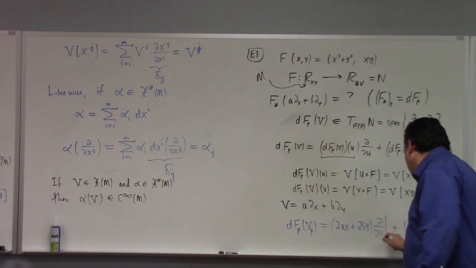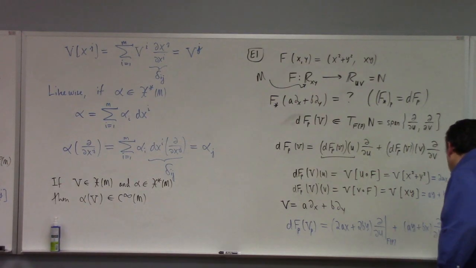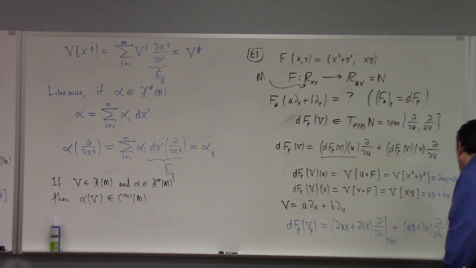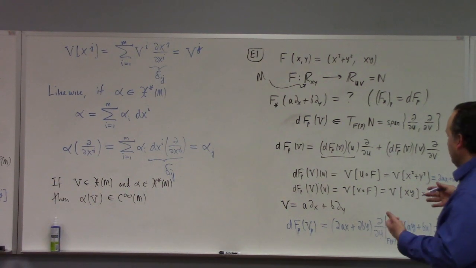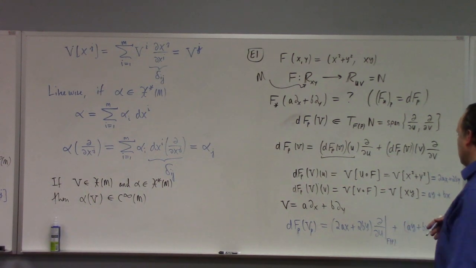But these guys over here are at f of P, right? And if I was going to be faithful to that, I think I've already got the x and the y there. So my P is x comma y, so to speak. If you want to, I could put P as P1, P2. That might help.